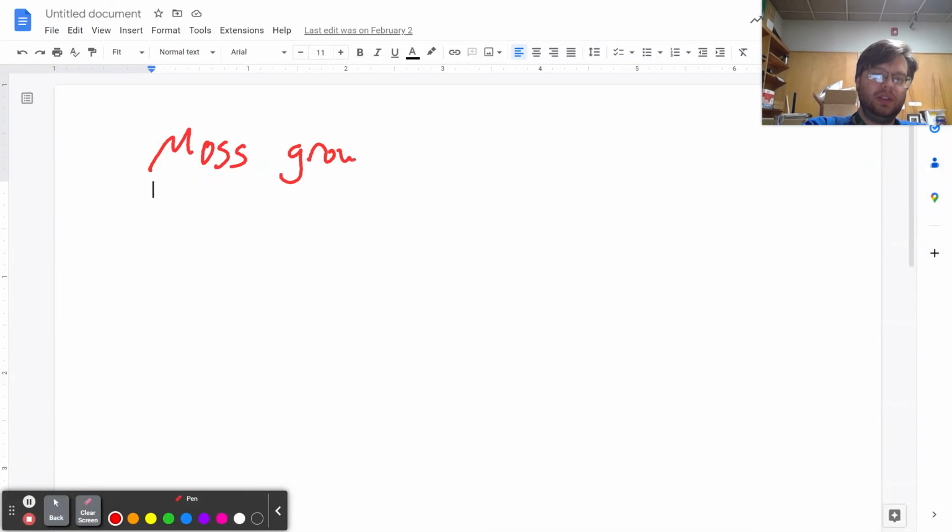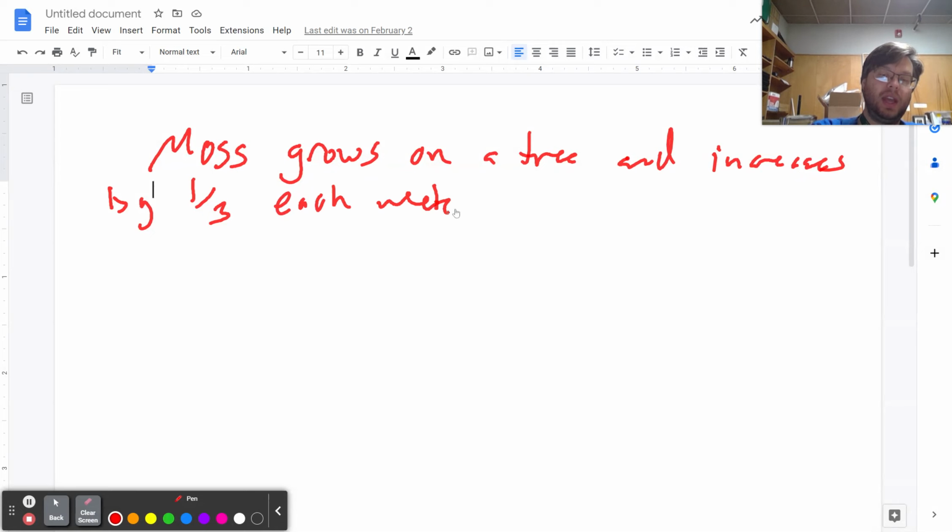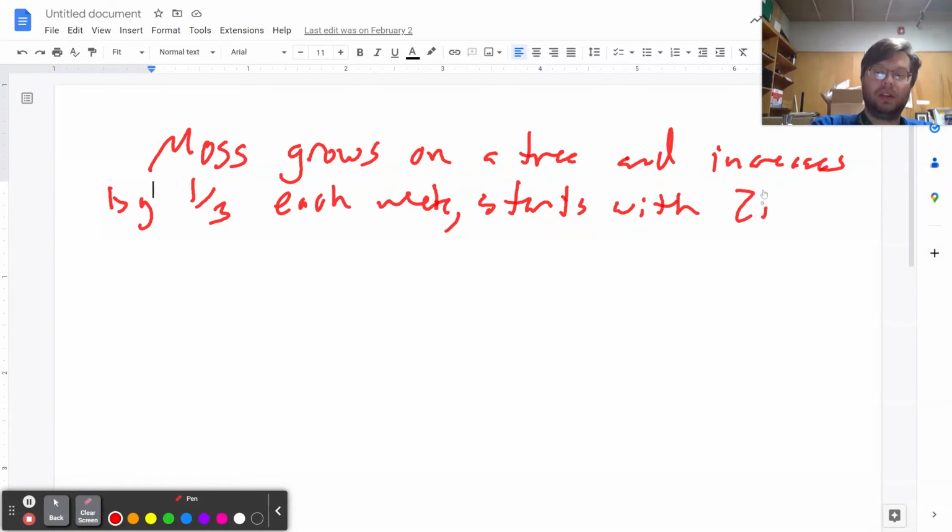Moss grows on a tree and increases by a third each week, and it starts with, let's just say, 2 square inches of moss on the tree.